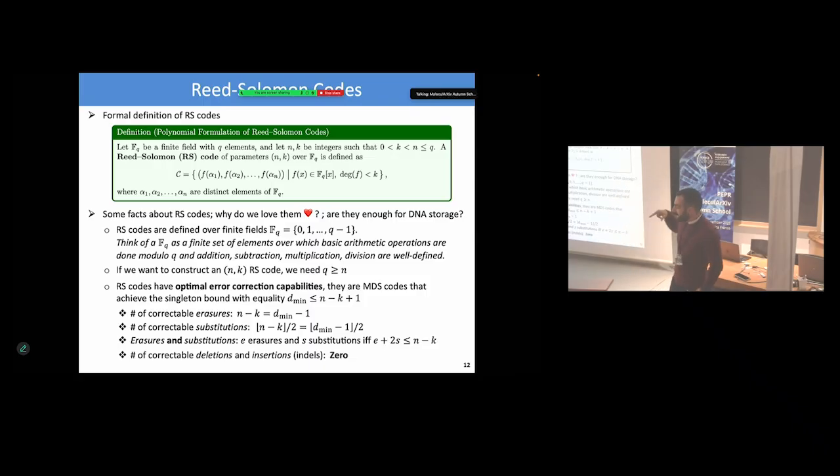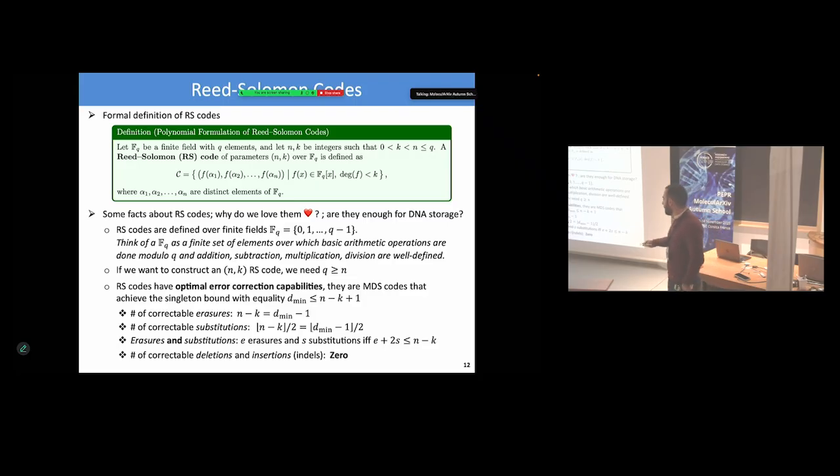But in terms of correcting errors within a strand, they cannot address deletions and insertions. That's why we need to go further and talk about indel correcting codes. So a Reed-Solomon code can correct erasures and substitutions, but not indels. This is the takeaway message of this part.